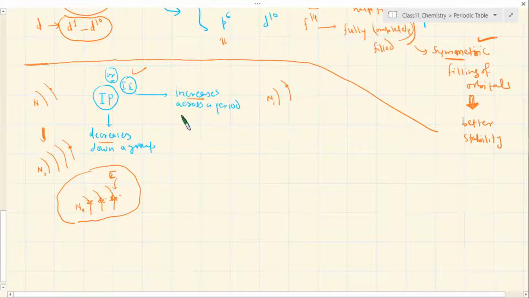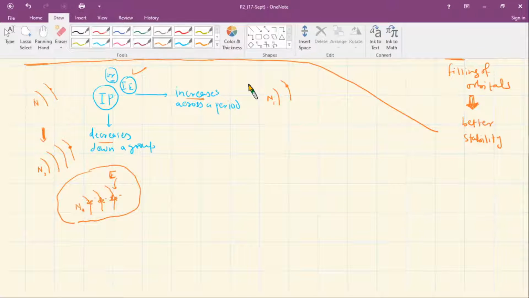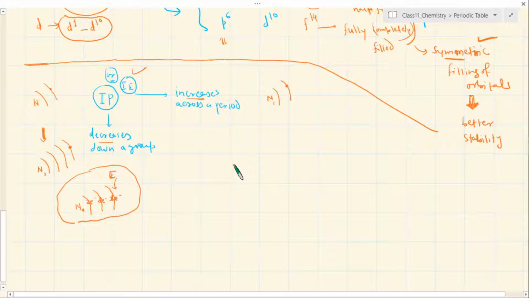Okay, now if you consider the general trend, let me discuss the answer here itself. If I have to plot a graph of ionization potential showing the general trend, if you plot ionization energy versus atomic number for different elements, you will see that the ionization potential, let's say start with hydrogen, suppose it is here, then ionization potential for helium will be a higher value, somewhere here.